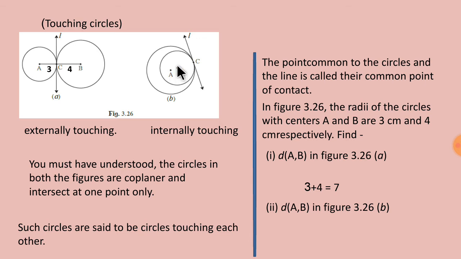Means distance between their centers. तर त्यांच्या वर्तुळ केंद्रातील अंतर काढण्यासाठी या ठिकाणी आपल्याला वजाबाकी करावी लागेल. We have to subtract 4 minus 3 and we get distance AB in the second diagram. Therefore 4 minus 3 is equal to 1.